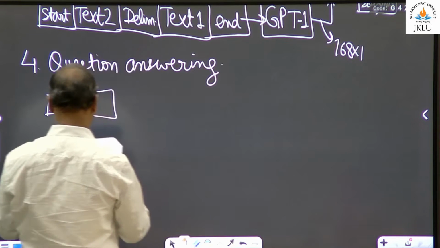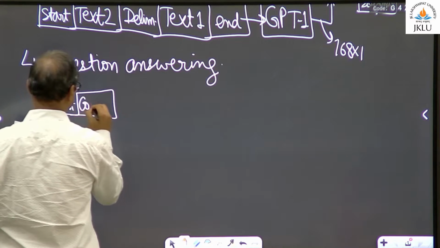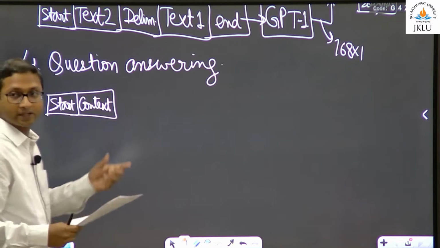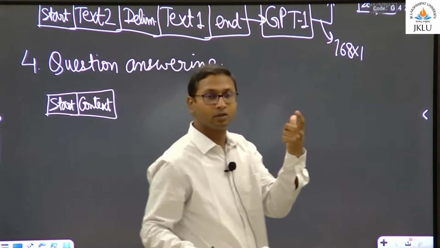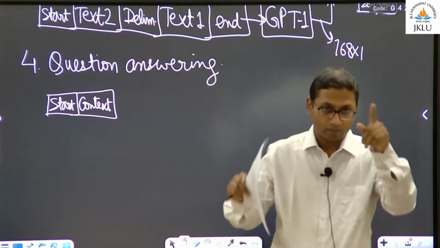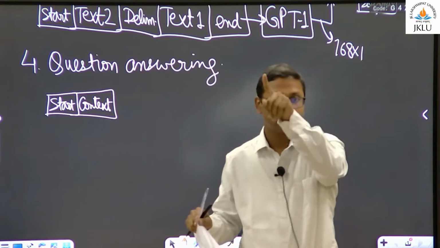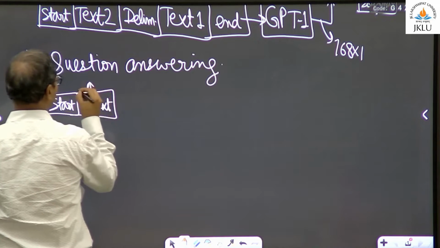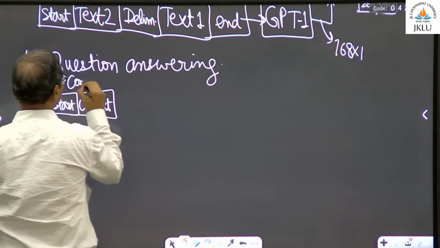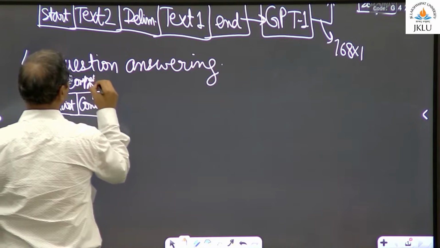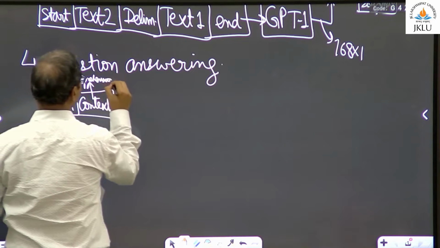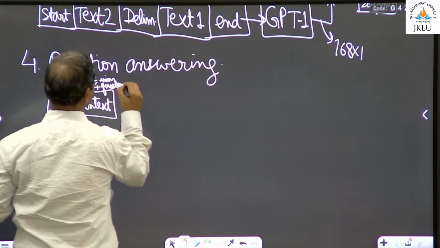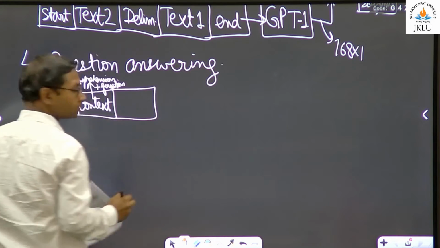So this is what they do. Context. This context is basically the concatenation of the comprehension and the question, right? So this is basically your comprehension plus question. What do you do next?